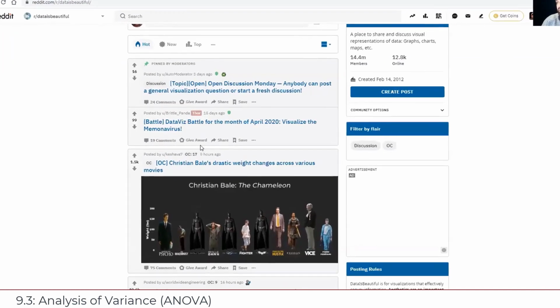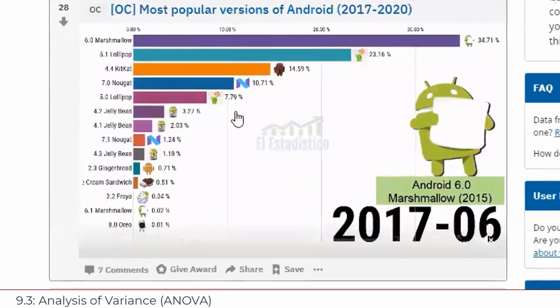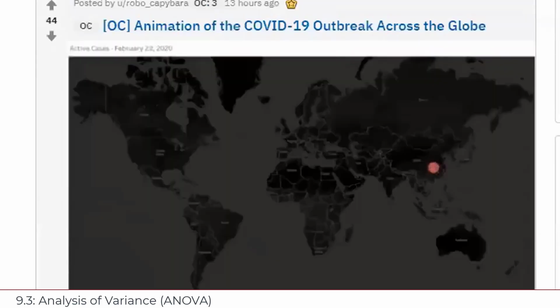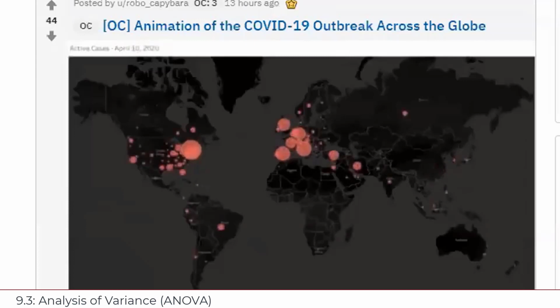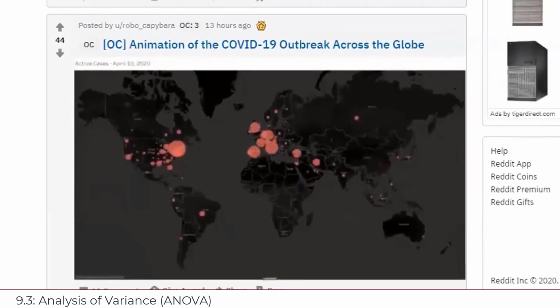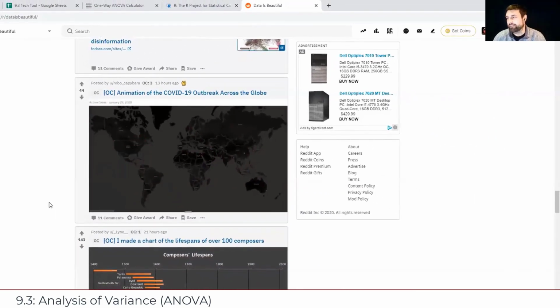But this is Data is Beautiful, and a lot of the graphs that you see in Data is Beautiful are built with R. Remember doing this towards the end of January and February, where we were looking at the exponential growth and watching the curves grow? Each day, every time we had class, we'd look at it and it was just like, yep, it's growing, it's exponential. Okay, that's neat. Little did we realize the situation we would be in today, right? Just amazing to think about that.